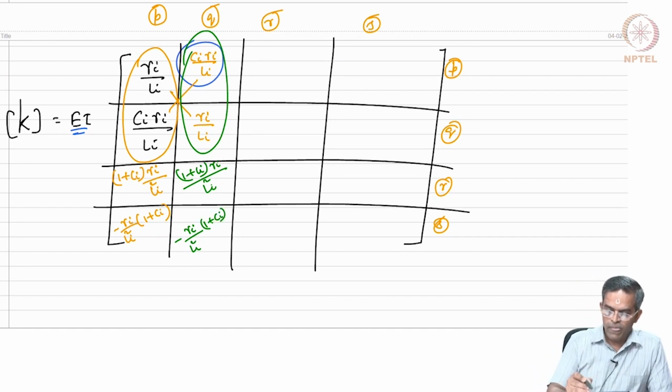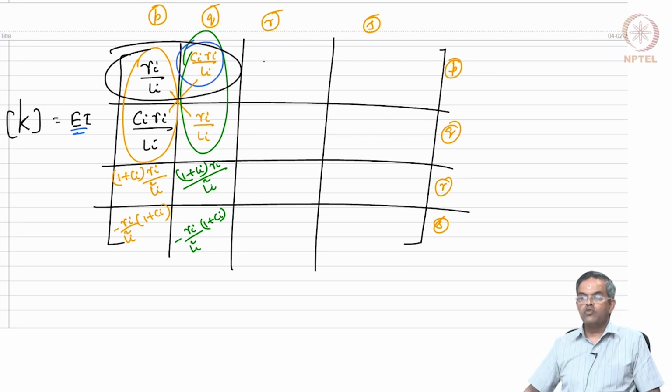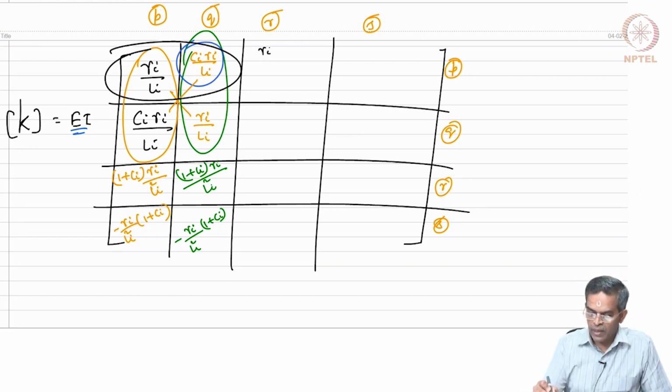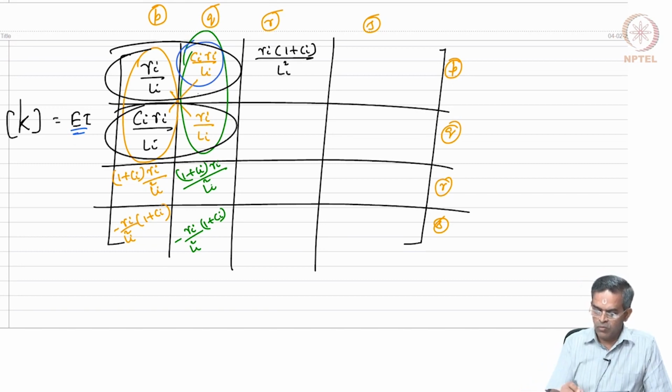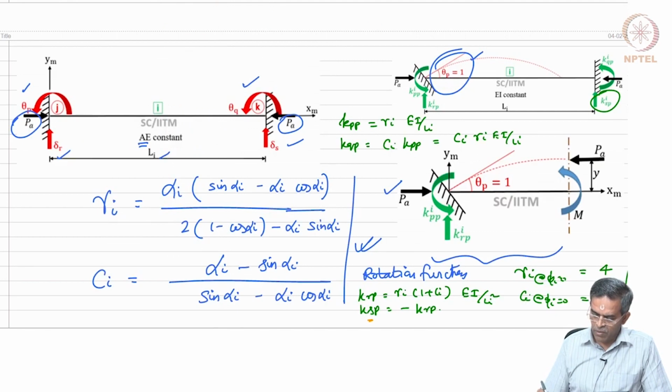Now, if you look at the third value here, sum of these two by Li. So, Ri times of 1 plus Ci by Li square, sum of these two by Li. So, that is Ri 1 plus Ci times of by Li square. This is what we did in the beam also, is it not? See here.